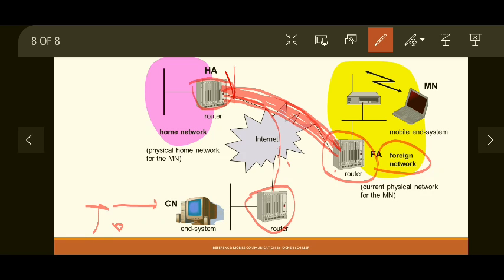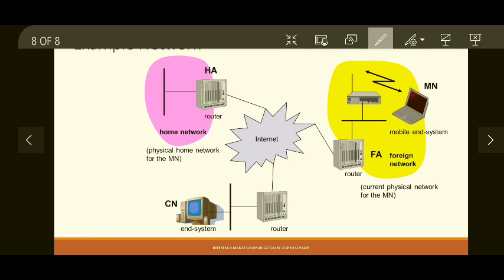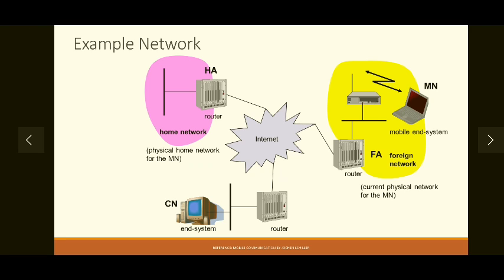The tunnel starts here and the tunnel ends here. Packets will be delivered to the mobile node via the router, then the wireless access point, and finally to the mobile node. Okay, so this is the general example of a network consisting of mobile IP.